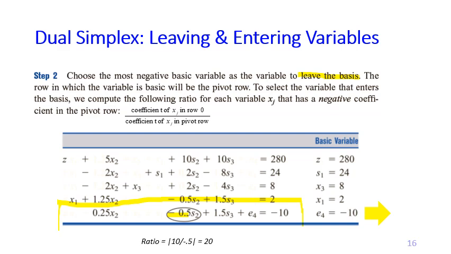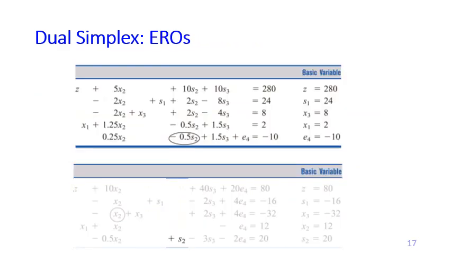So we perform the ratio test, 10 divided by minus 0.5, and then take the absolute value. So we have the ratio equals 20. Because we only have one ratio, so S2 becomes the entering variable. If we have more than one ratios, we always pick the smallest. Okay. Now S2 becomes entering variable, and this position becomes the pivot.